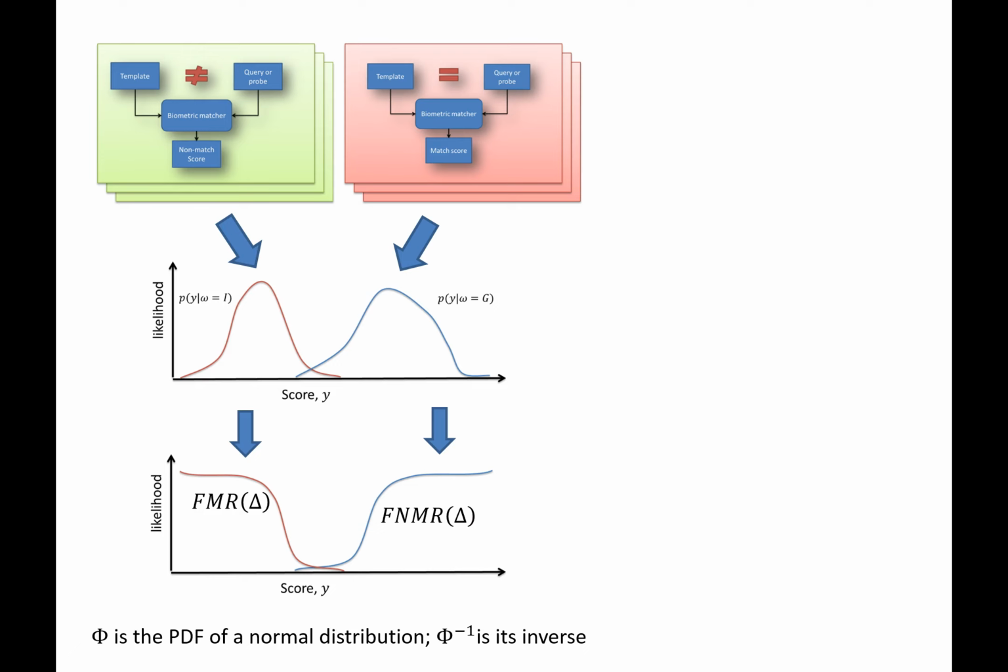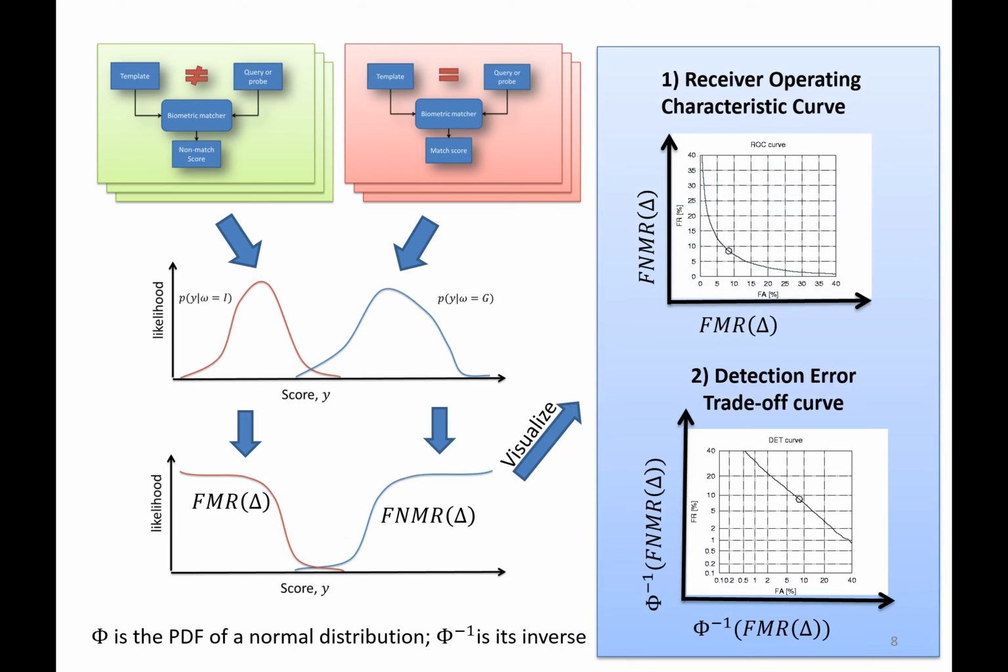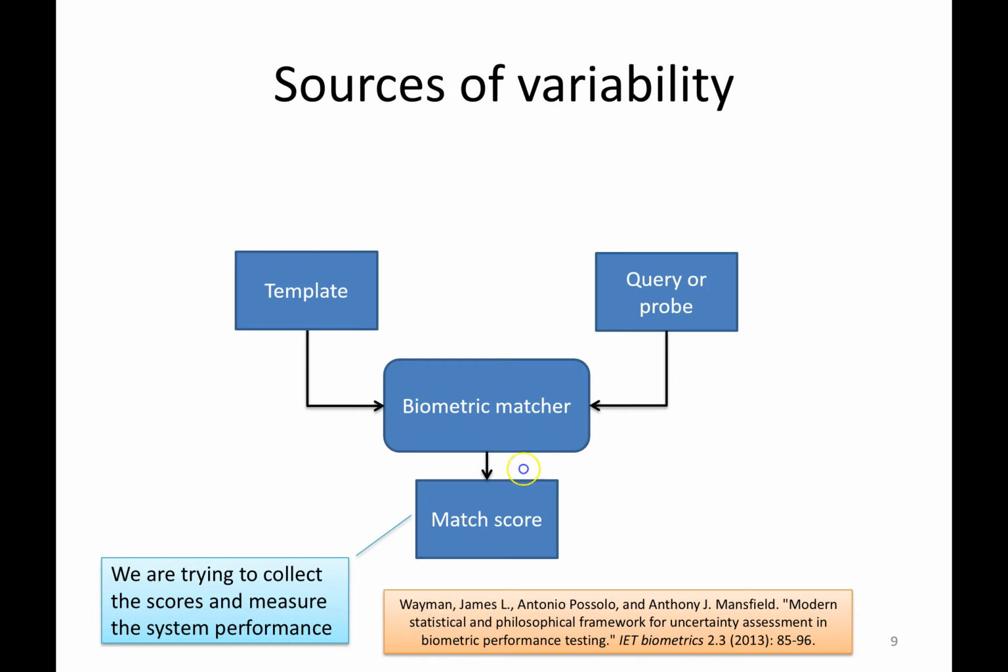We always calculate the intervals, the cumulative density function of the two distributions. From there we plot the false match rate versus false non-match rate curve, in terms of ROC and the detection error trade-off curve, which just happens to be a nonlinear scale. Okay, that's the very basic.